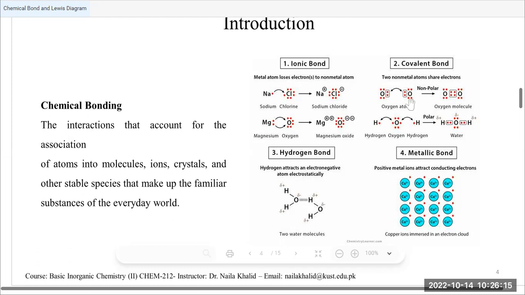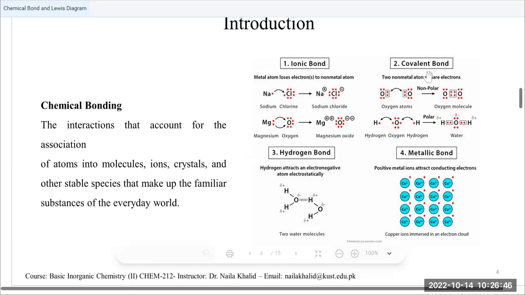The two oxygen atoms are held together by a force known as a chemical bond, a force which is developed due to sharing of electrons from one atom to another atom. That is why you will see that the oxygen molecule has a covalent bond, a force that holds these two oxygen atoms together.